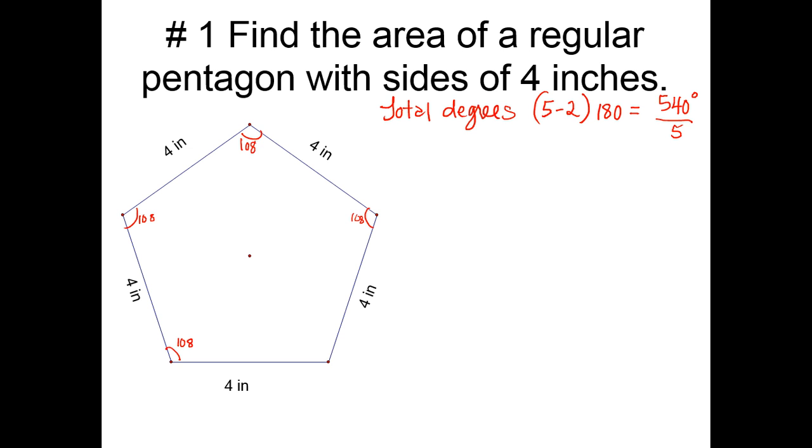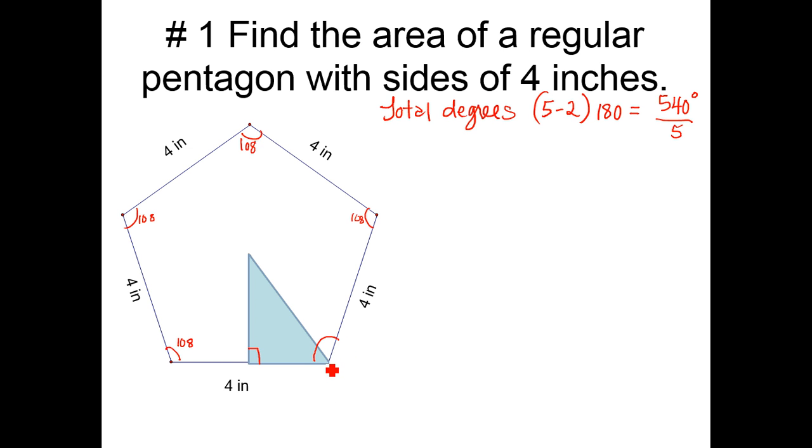So now that I have every angle, I can make that triangle that we talked about with the radius and the apothem. So we have this triangle, and we have a 90-degree angle here. And now remember, the whole thing was 108.